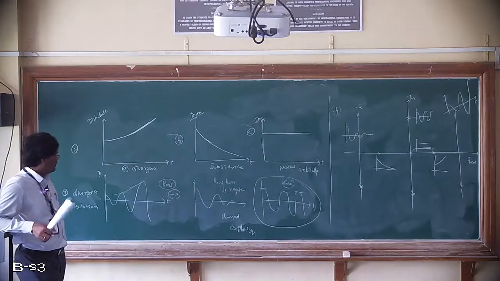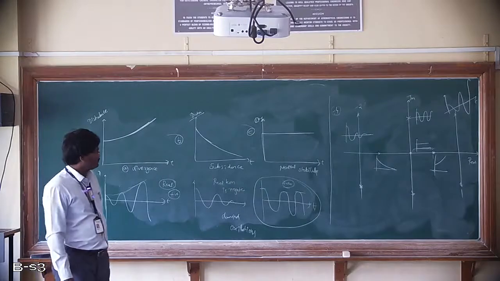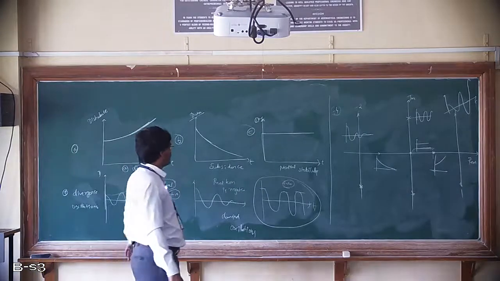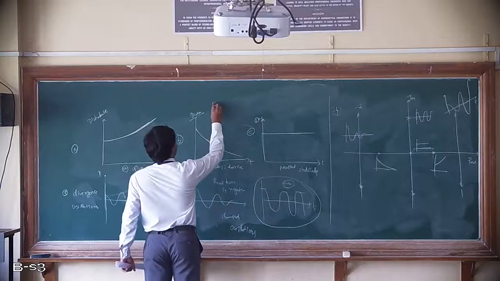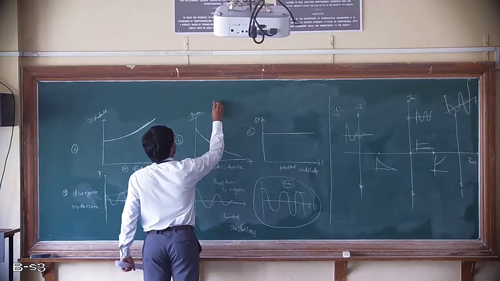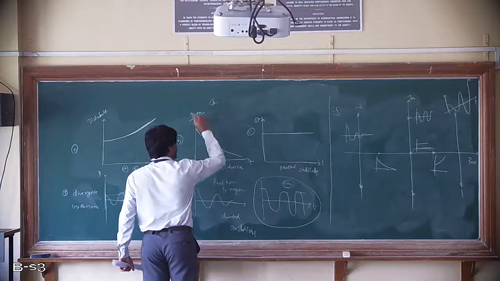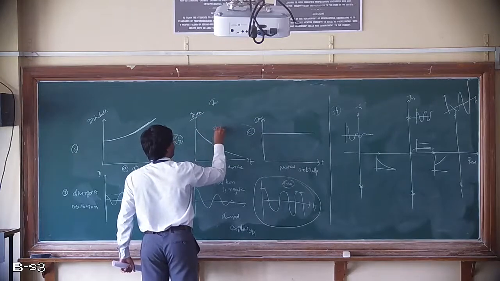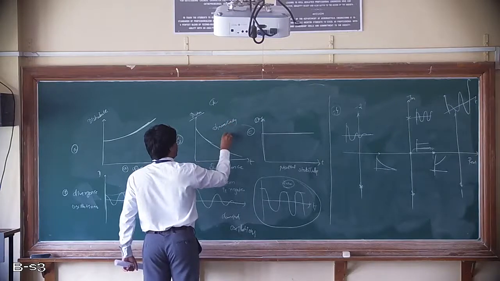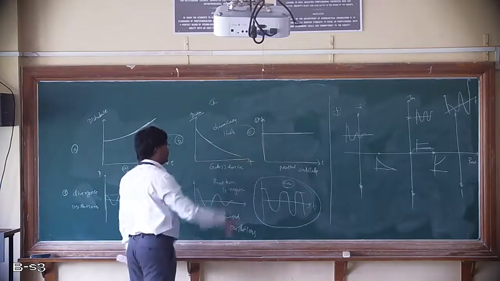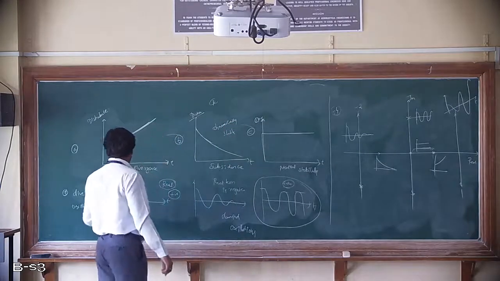Here you can say if the roots are real negative terms, then the system is dynamically stable. In the same manner, if the roots are complex conjugates, the real term should be negative.